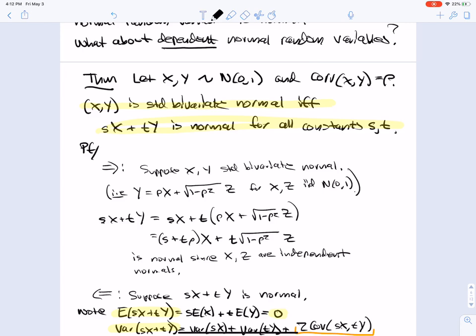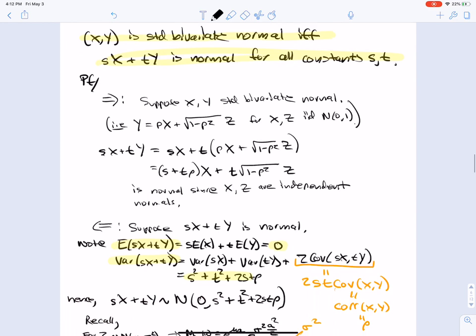If XY is standard bivariate normal, we can write what sX + tY means by writing Y in terms of X and Z. Since X and Z are IID standard normal, any linear combination of X and Z is normal, and so sX + tY will be normal.